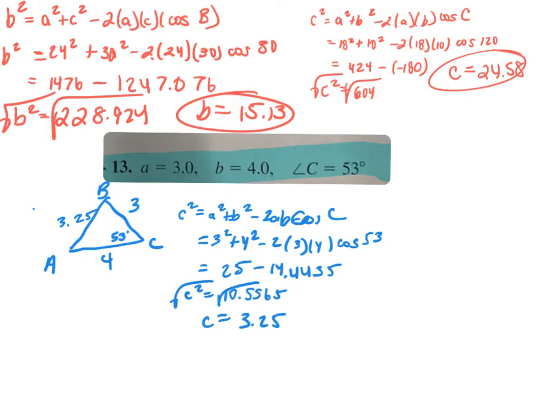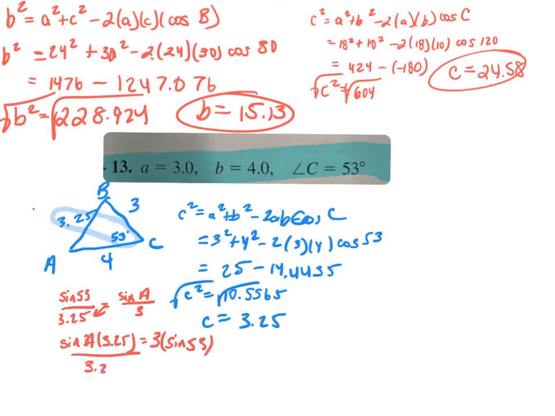All right, so now that we have C, we could do the law of cosines again, or we could use the law of sines, since we now have an angle and its corresponding side length. So I'm going to do that. I'm going to say that the sine of 53 over 3.25 is equal to the sine of A over 3. So cross multiply. We get sine A times 3.25 equals 3 times the sine of 53.